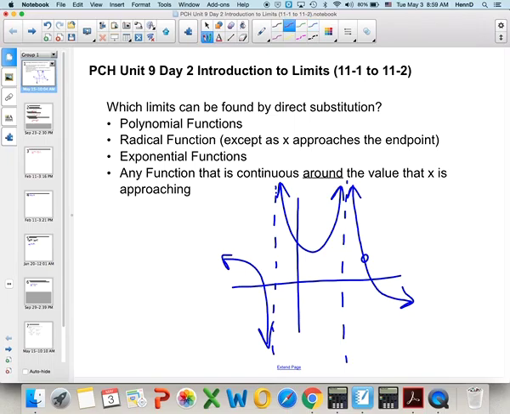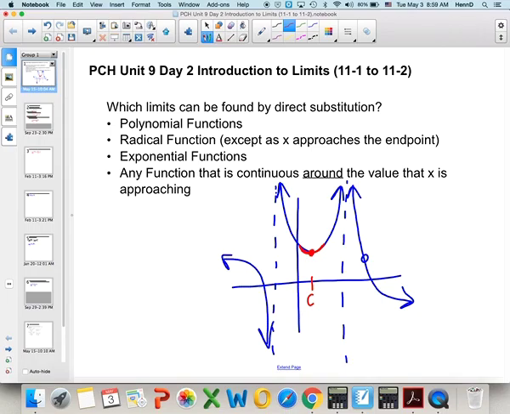If I'm trying to find the limit as x approaches this value, well, look around this value. We're continuous. We are approaching the same value from both sides, so I can simply use direct substitution to get my limit. Okay? Does that make sense?